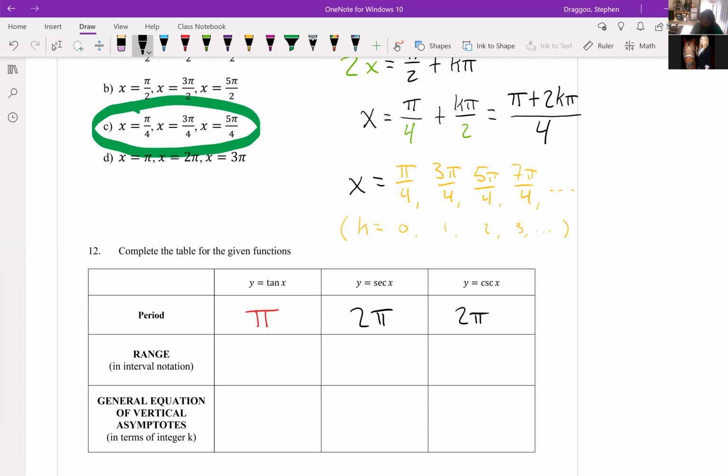Then the range of tangent is all real numbers, while the range of the other two is all real numbers except everything between 1 and -1.